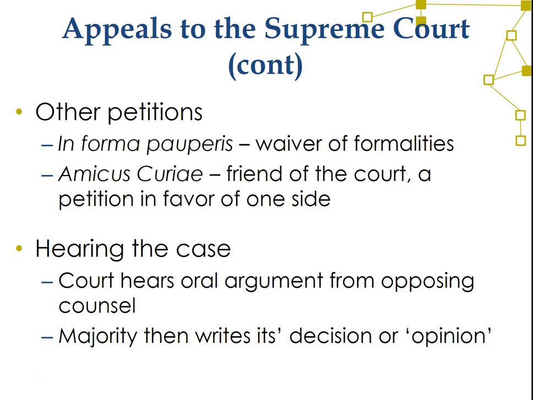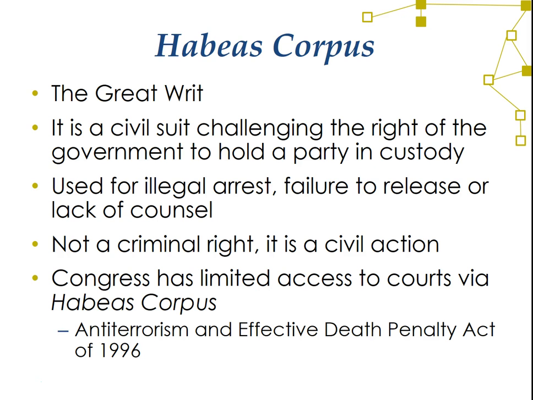When the court hears the case, it hears oral argument from opposing counsel, and then the majority of justices will write its decision or opinion. And this is what comes out of these U.S. Supreme Court cases.